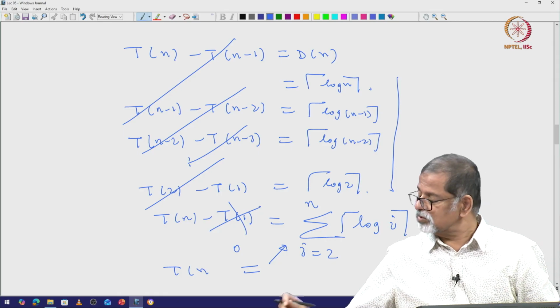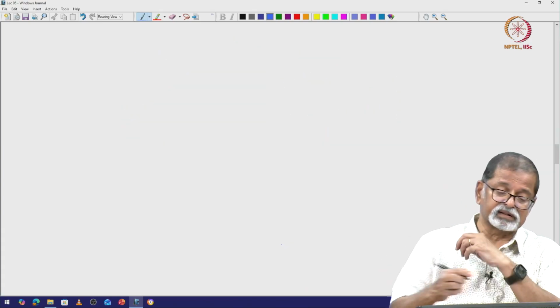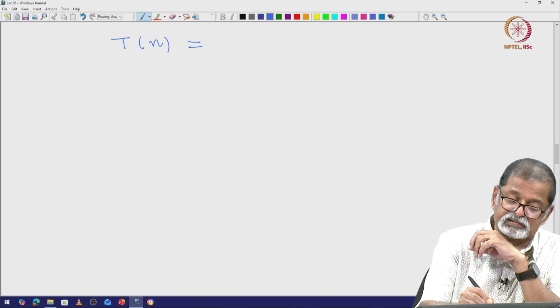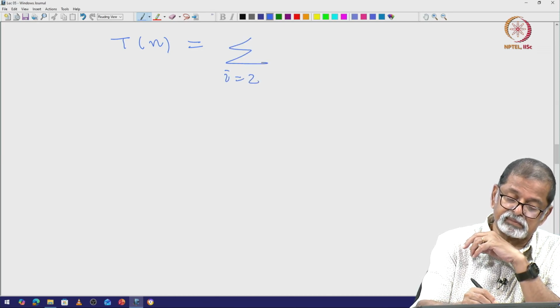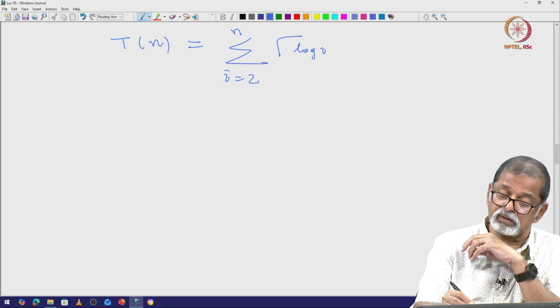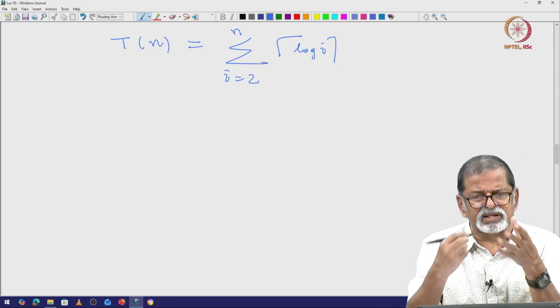Okay. So, now we are going to do the following. We will write T of n as sigma I equals 2 to n of ceil log I. In fact, log 1 is 0.